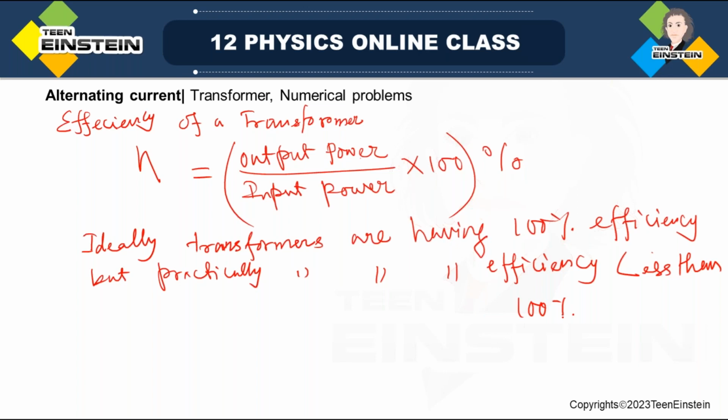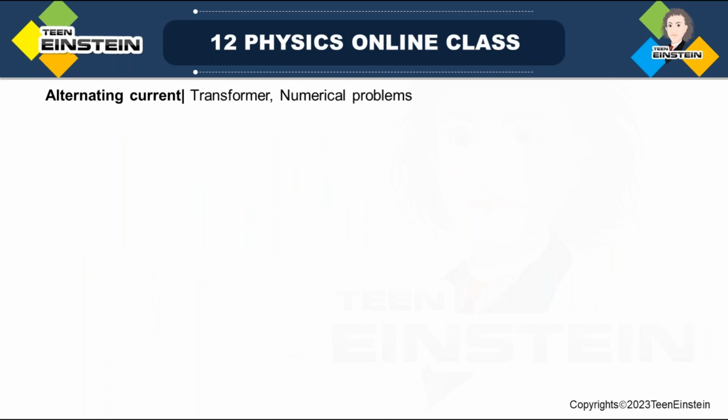Why is this not possible? This is actually a very good, very practical question. Why is 100% efficiency not possible for a transformer? This is because there is some loss in the energy, there are sources of loss.